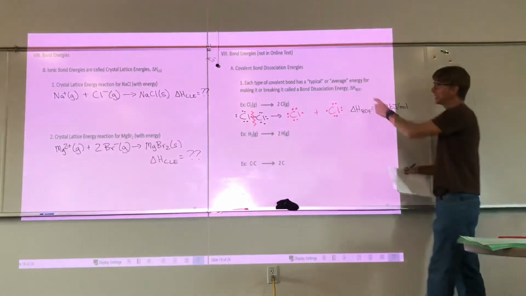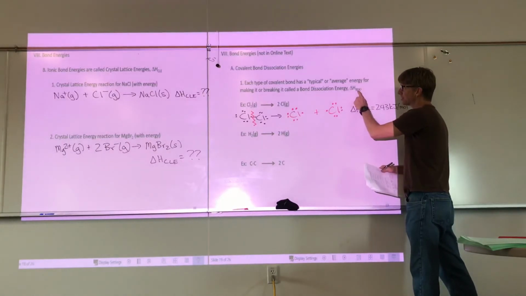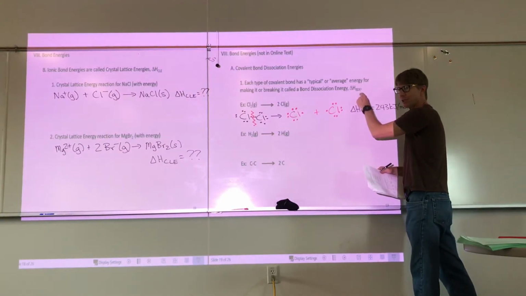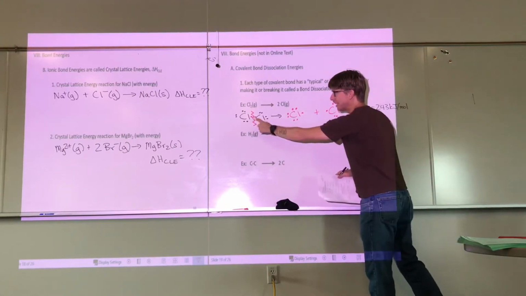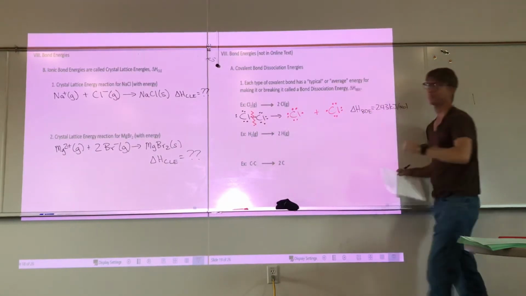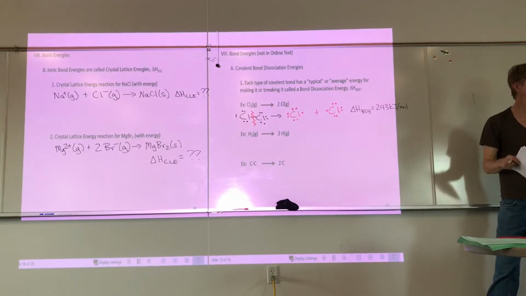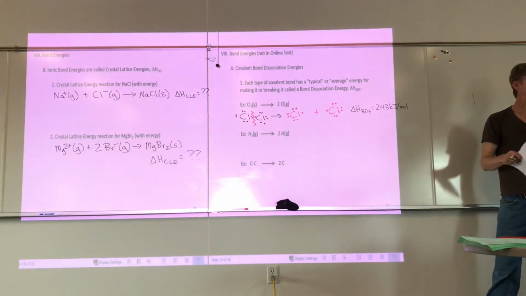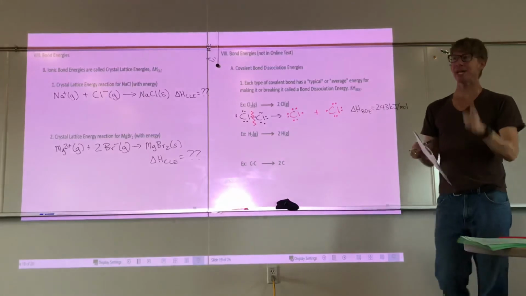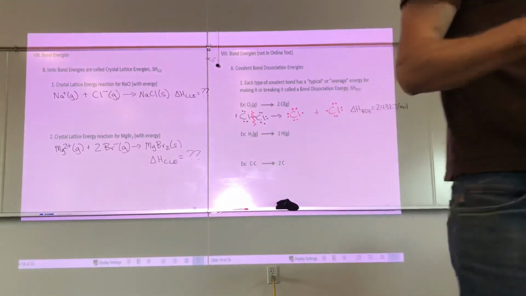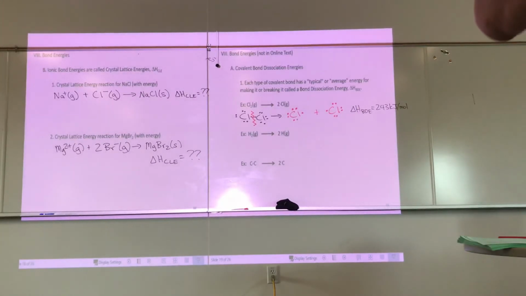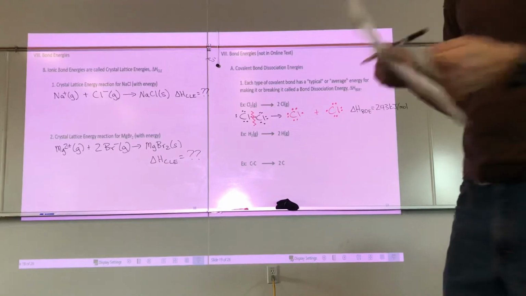You will see a table called bond dissociation energies on your conversion and equation sheet, and it lists all of these. It says when a chlorine-chlorine bond breaks, you get 243 kilojoules. Now, every single time you break a bond, the process is endothermic. Breaking bonds absorbs energy. Always true. 100% of the time.